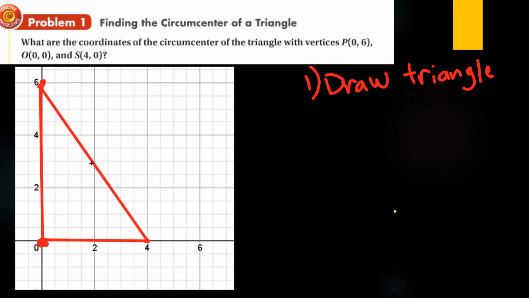So the first step, as I told you, is to draw a triangle. Then the second step is to identify the perpendicular bisector.